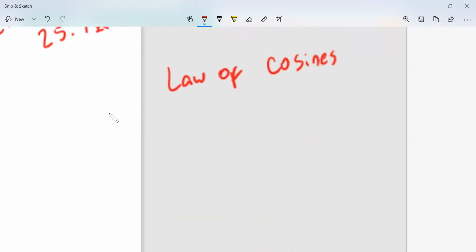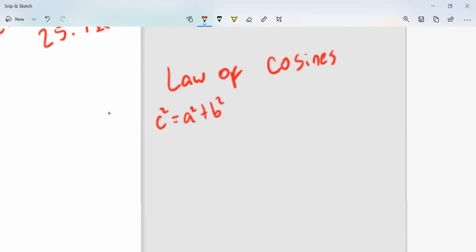It looks very similar to the Pythagorean theorem. We know the Pythagorean theorem, so this is going to look very, very similar. One of my formulas for the law of cosines is going to be c squared, and I mean side c. So c squared is equal to a squared plus b squared.